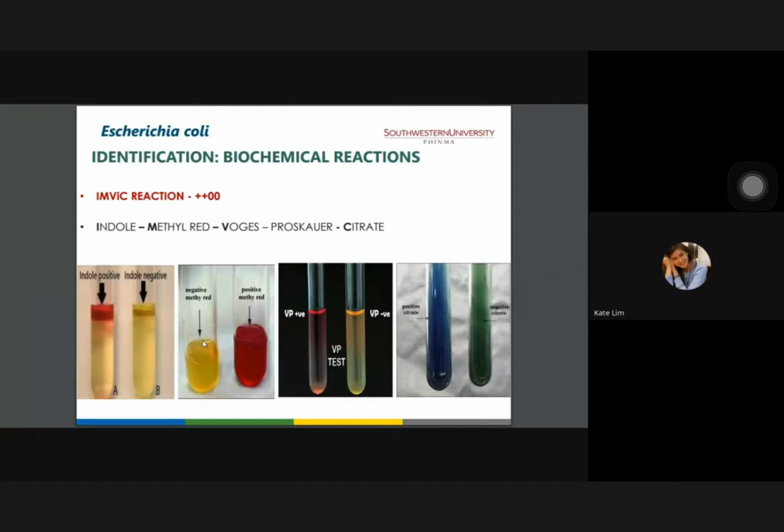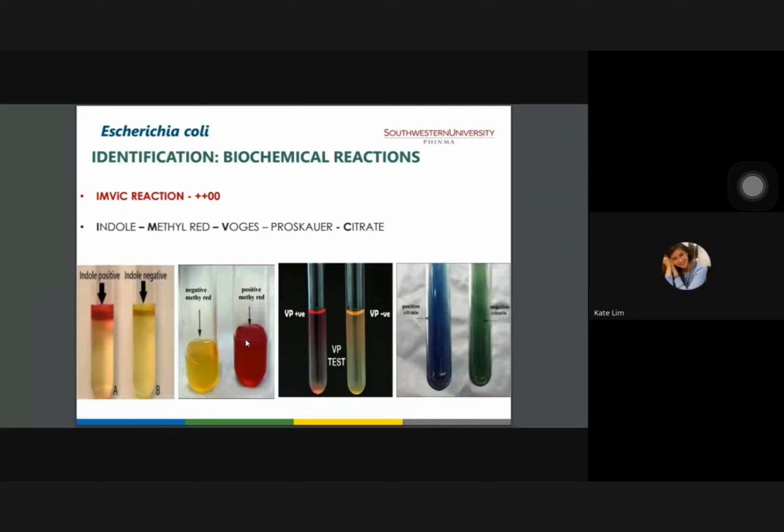So, how about the methyl red test? In the methyl red test, we are testing the ability of the bacteria to produce stable mixed acids. These acids are metabolic end products of glucose metabolism.